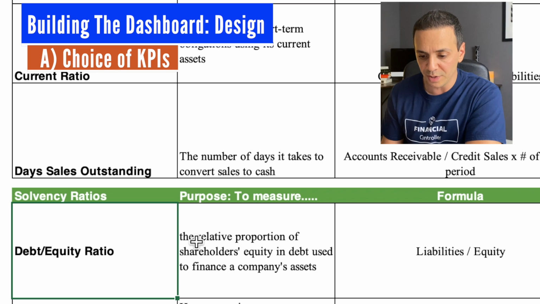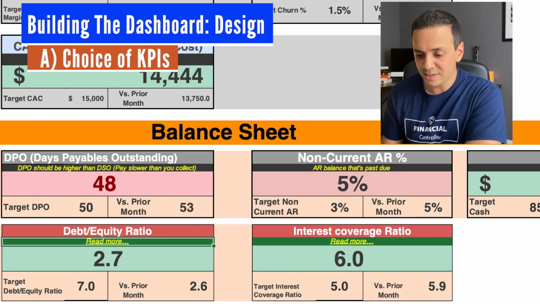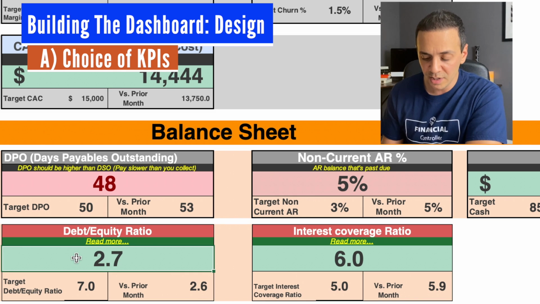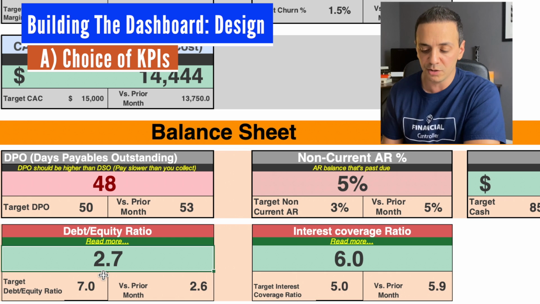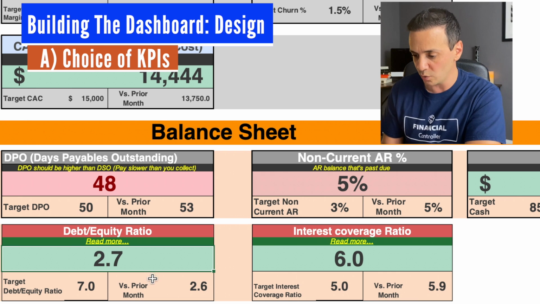And this is basically the relative proportion of shareholders' equity and debt used to finance the company's assets, right? So in this case here, the company has 2.7. So the proportion of financing that the company is using to purchase its assets divided between debt and equity is 2.7 as much debt used more than equity to finance the company's assets, right? So this is a really good KPI to include here as well.